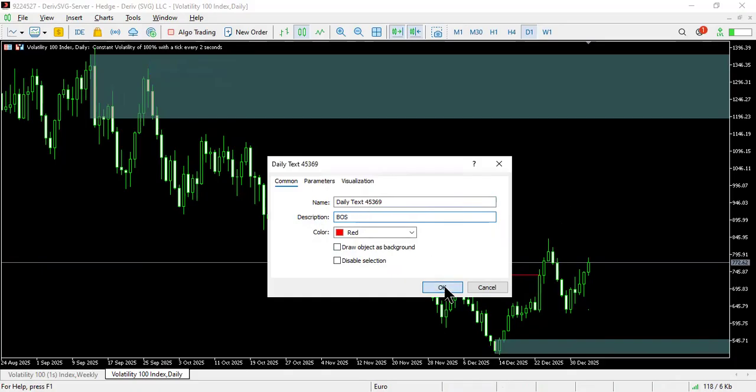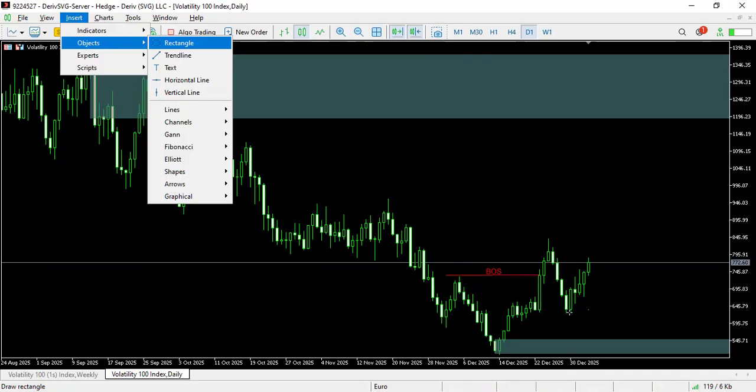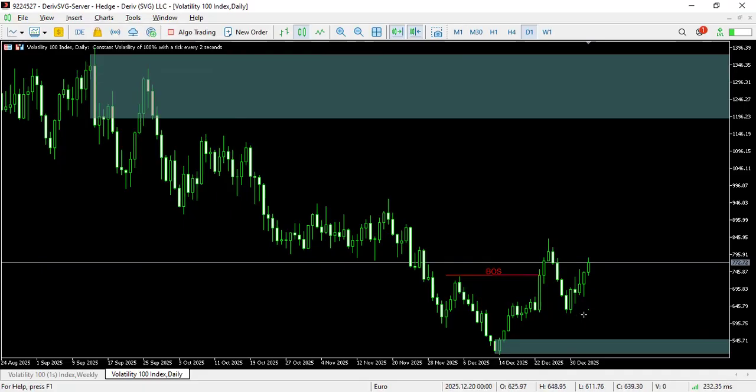So we have a break of structure there. We have a break of structure, and then price just pushed.